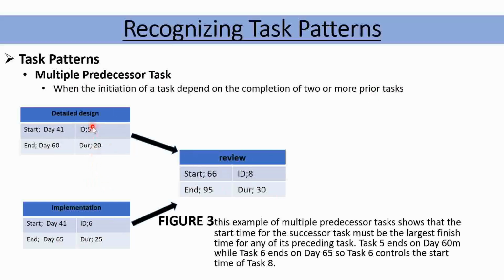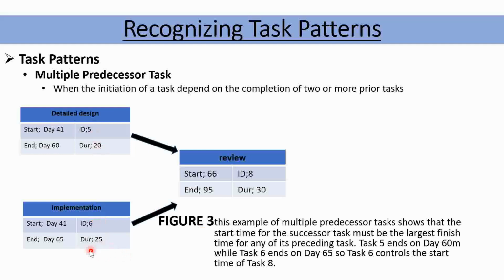So between the two predecessor tasks, these two, which one has the largest finishing time or the largest duration? This one has 20, this one has 25. So which one has the largest one? Implementation has the largest finishing time or duration, which is 25, right?